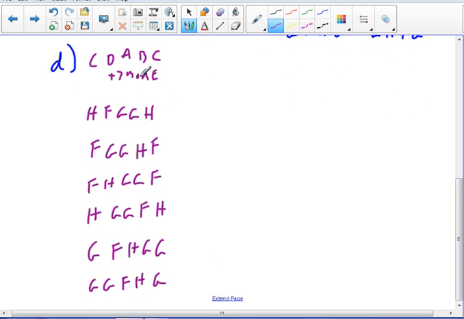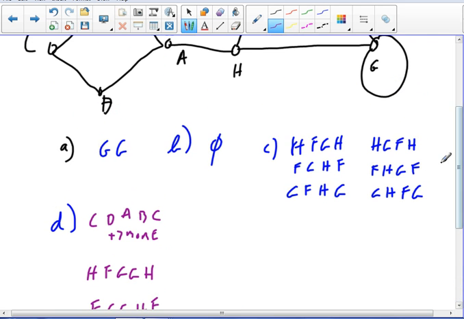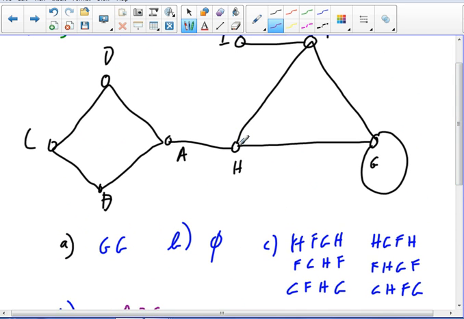Okay, it's 8, 9, 10, 11, 12, 13, 14, 15, 16, 17, 18, 19, 20, 21. So it looks like I have 21 because if I ever cross a bridge, I'm never going to get back, right? So I have some over here, I have some over there.